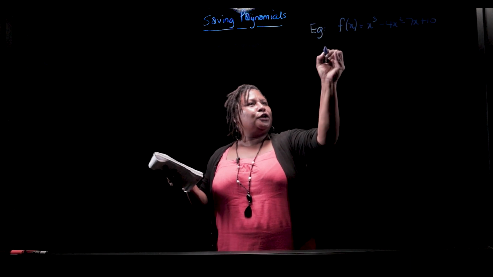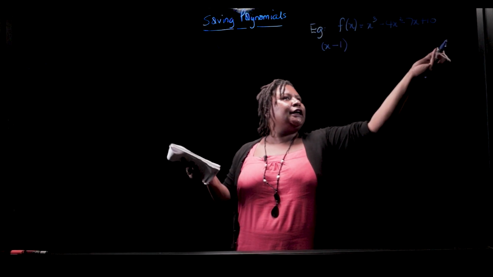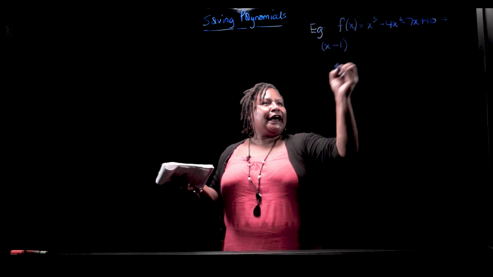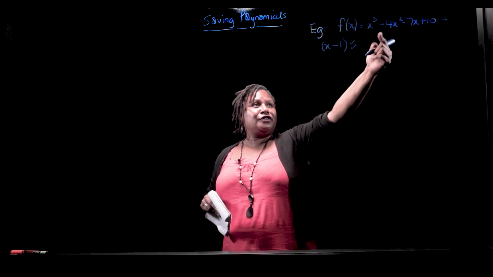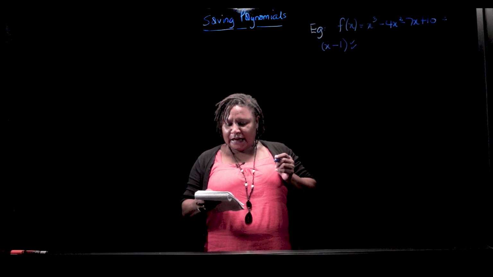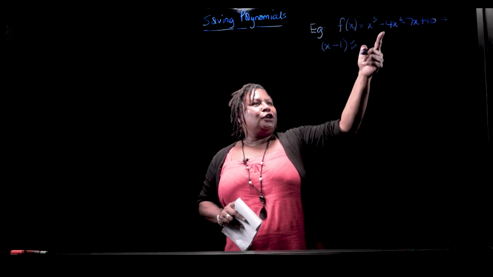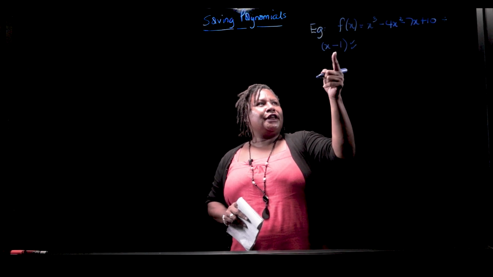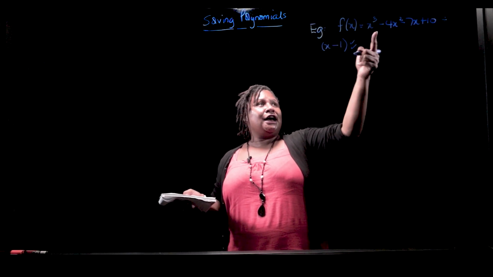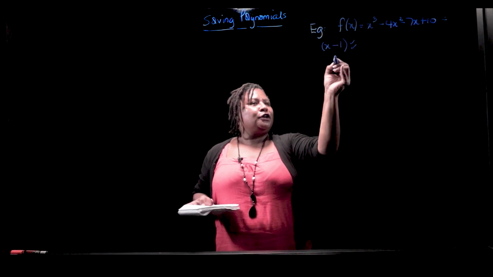We identified the linear polynomial x minus 1, and we found that x minus 1 is a factor of the function x cubed minus 4x squared minus 7x plus 10, okay.